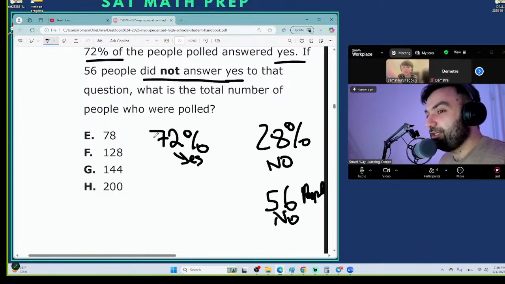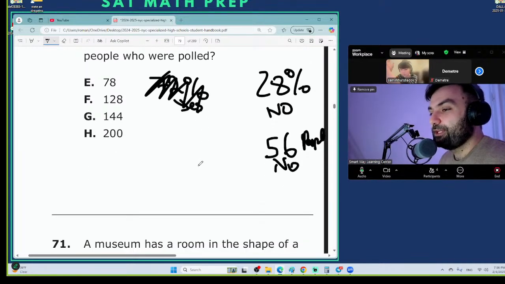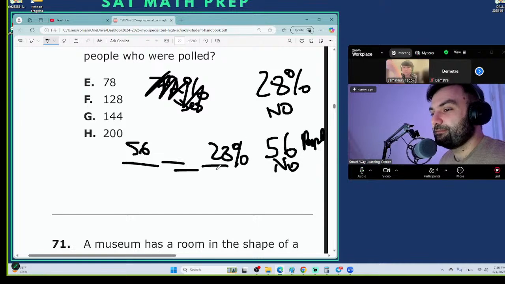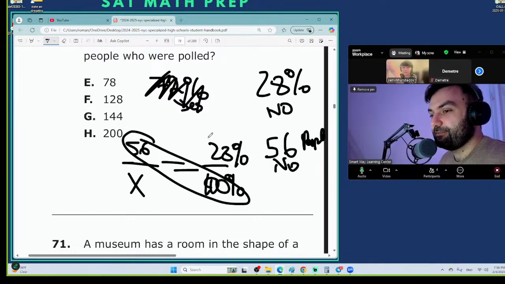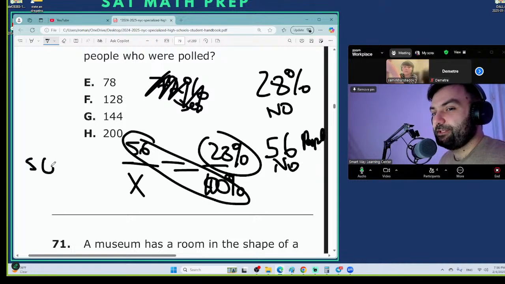So we don't even need that 72%. We can use a proportion. Of course, we can use a proportion saying that 56 people is 28%. How many people is 100%? Right? So this times this divided by that. 56 times 100 divided by 28.